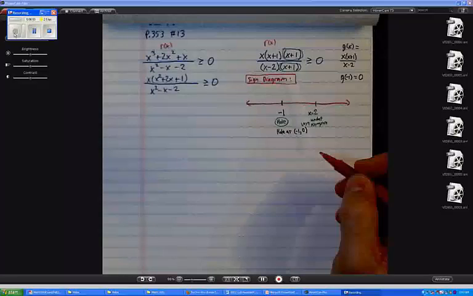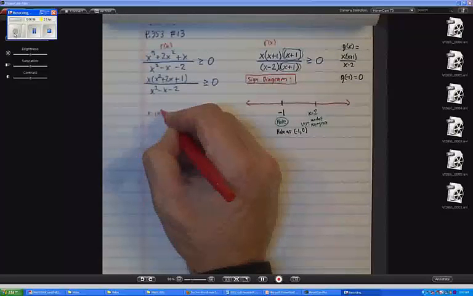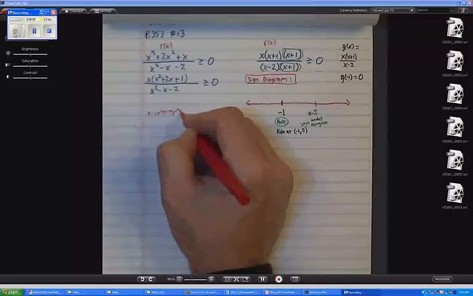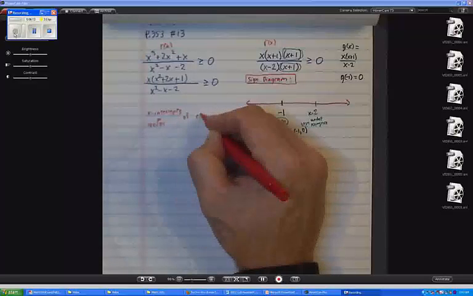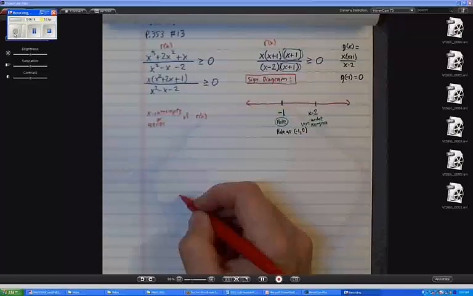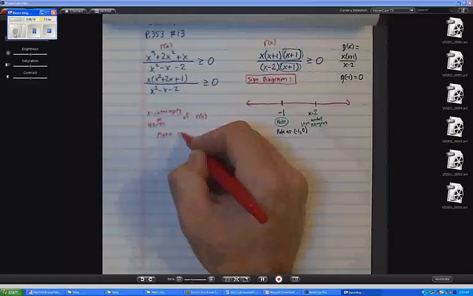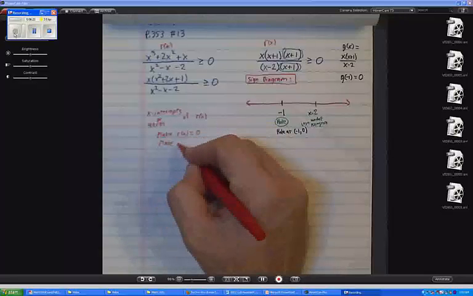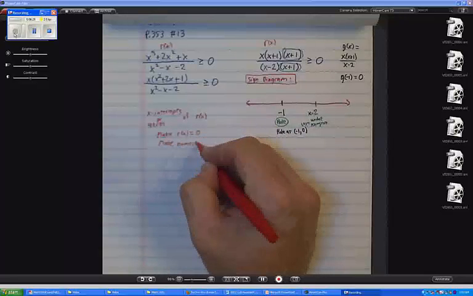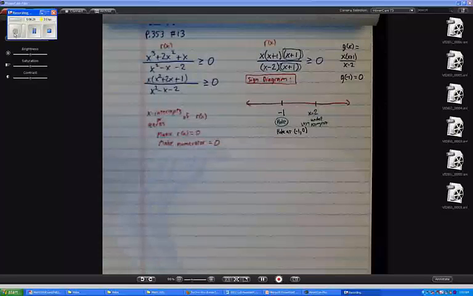What are the x-intercepts or zeros of the function r of x? Well, how do you make r of x equal to 0? You make the numerator equal to 0, right? Well, what's going to make the numerator equal to 0?